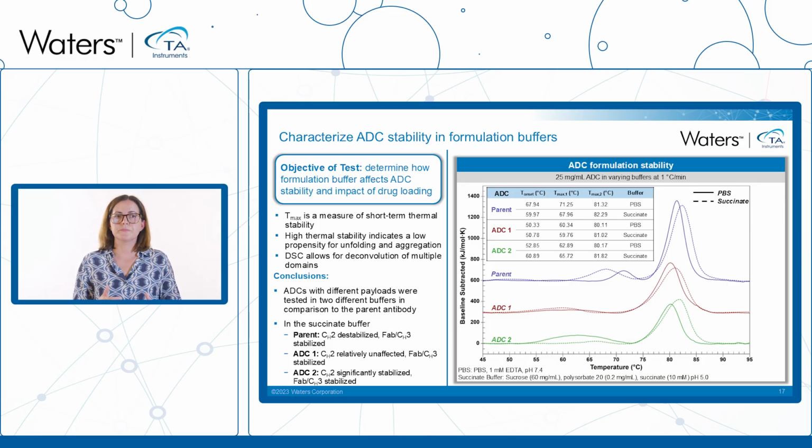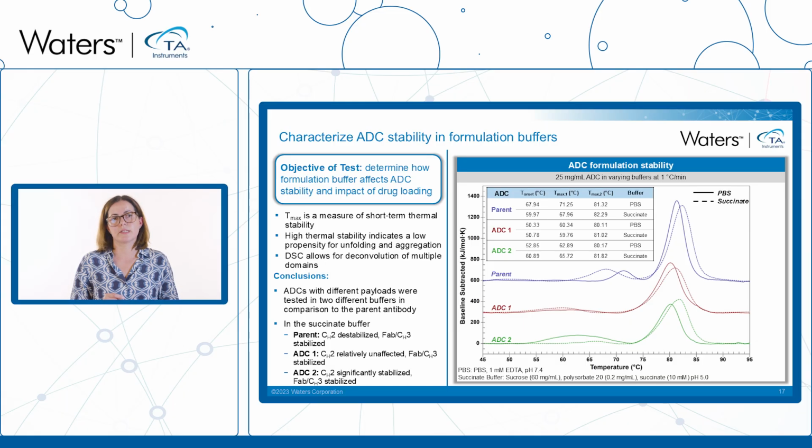You can see in this data that in the parent antibody, the succinate buffer relative to PBS buffer notably destabilizes the first transition, which corresponds to the unfolding of the CH2 domain. On the other hand, succinate stabilizes the second transition, which is related to Fab and CH3 domain.